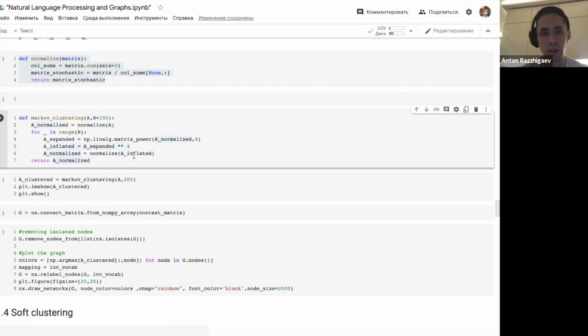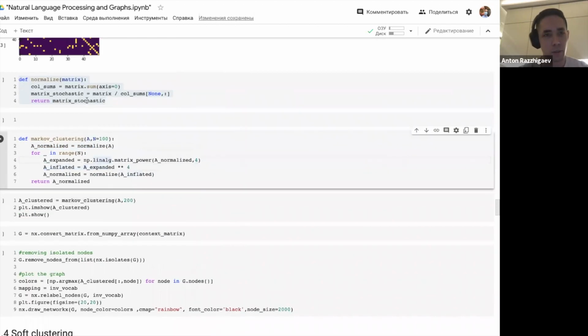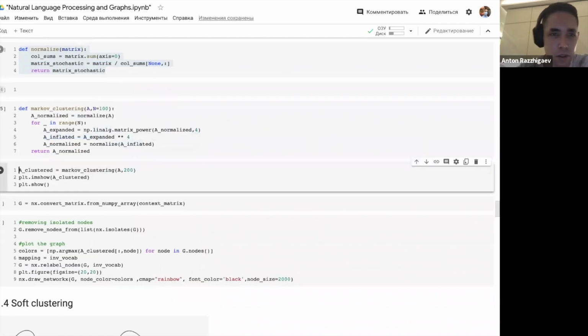Then normalize again and repeat. Repeat until convergence. There are no mathematical guarantees that it would converge, but usually it converges. Well, let's apply these functions to our matrix.